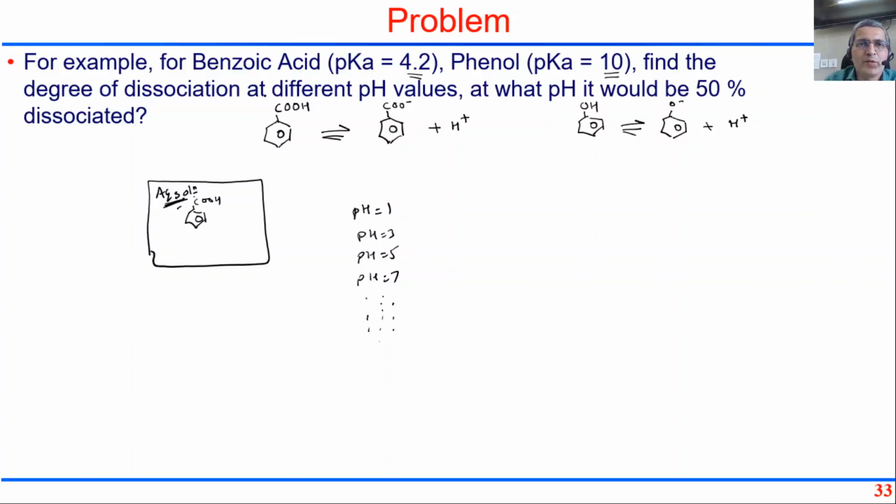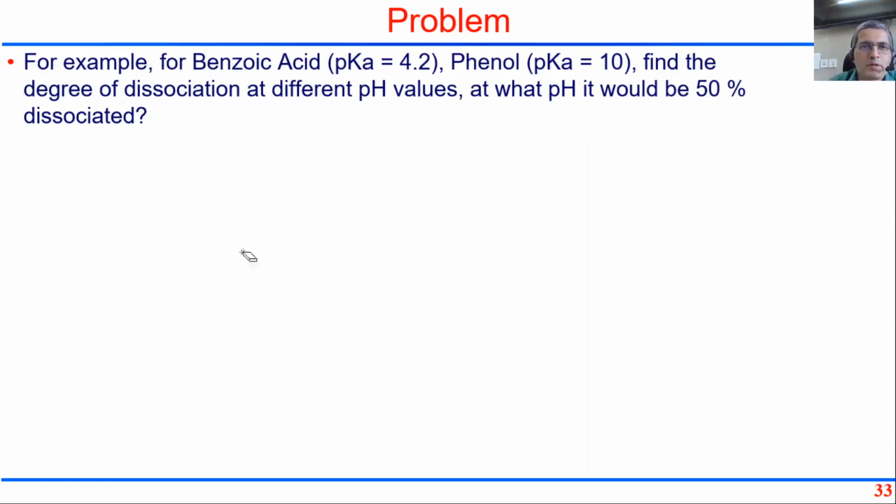If I have different pH values, what would be the degree of dissociation of benzoic acid or phenol, and at what pH would it be 50% dissociated? It's a basic undergraduate kind of question. Can you now think and tell me?